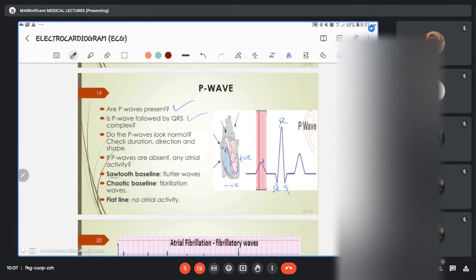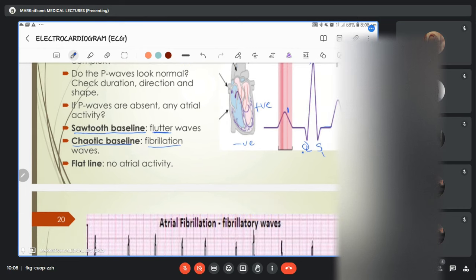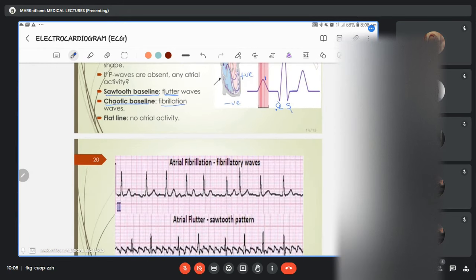We have the sawtooth baseline, we have the chaotic baseline. The sawtooth talks about atrial flutter, and then there's atrial fibrillation. You must have heard this maybe during your internal medicine classes, but this will give you a better view, both in the picture and in how you can imagine it occurring in the heart.